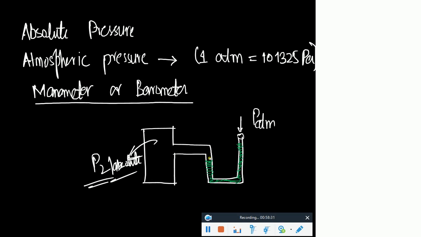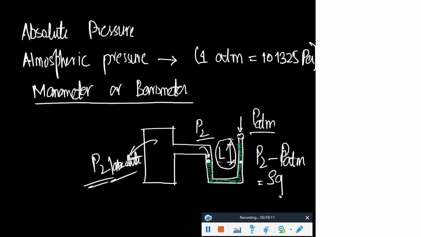Okay, now fine. Now see, at this end, if I talk about pressure at this point and pressure at this point, they are at the same height. So those two pressures would be same. So it means if this length is L, what is the pressure at this point? P2 or P absolute? Right? So if I say that what is the difference between P2 and P atmosphere, that would be equal to something which is a function of this length, right?